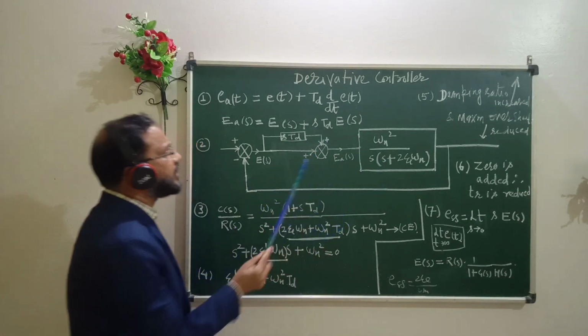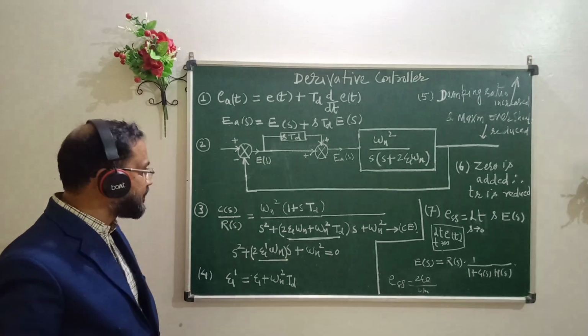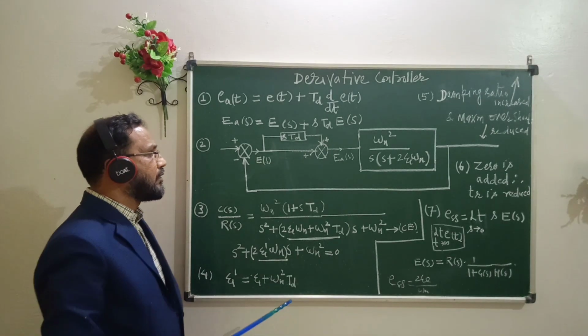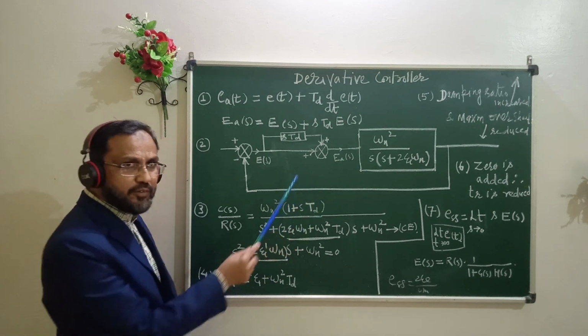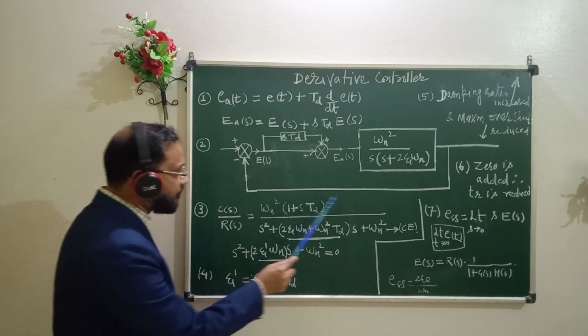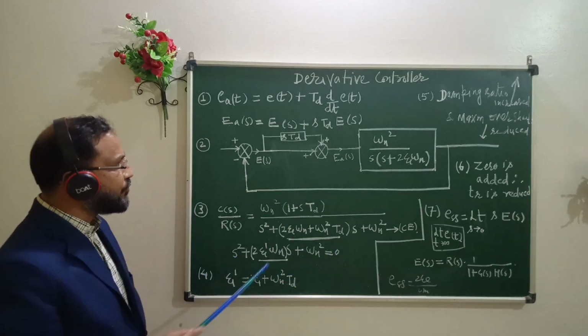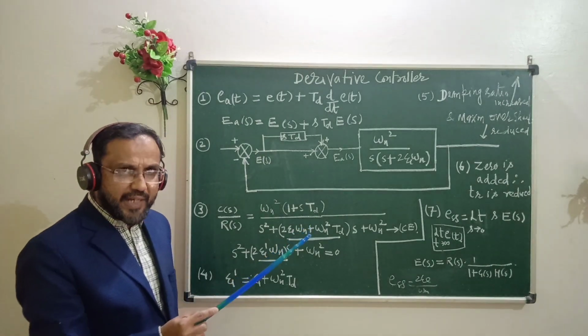This is the block diagram of derivative control process. By using block diagram reduction, we can find overall transfer function, and that is equal to this here. How to find? These two blocks are connected in parallel.